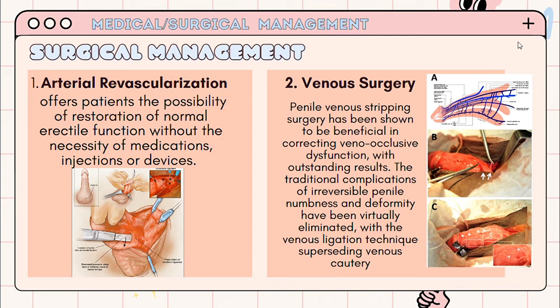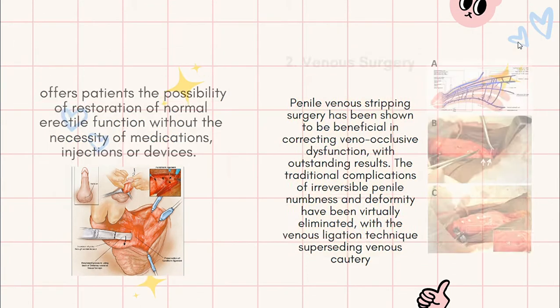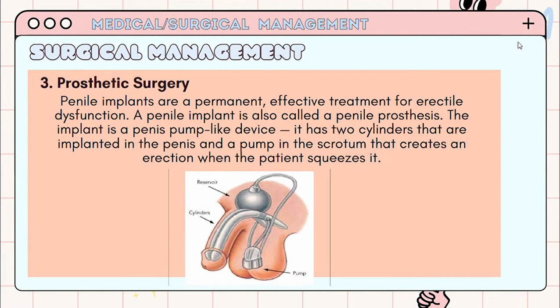So, venous surgery or the penile venous stripping surgery has been shown to be beneficial in correcting veno-occlusive dysfunction with outstanding results. The traditional complications of irreversible penile numbness and deformity have been virtually eliminated with the venous ligation techniques superseding venous cautery. Next, we have here our prosthetic surgery.